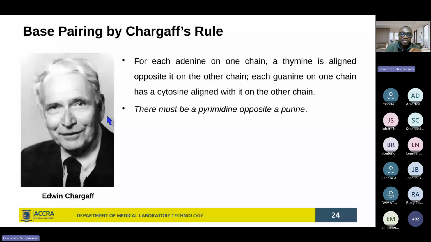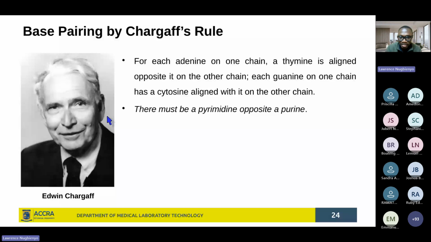So it's not like any purine is binding to any pyrimidine. For instance, if you take adenine as a purine, it doesn't mean that because cytosine is a pyrimidine, adenine is going to bind to it. No.